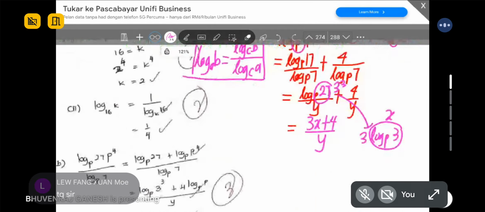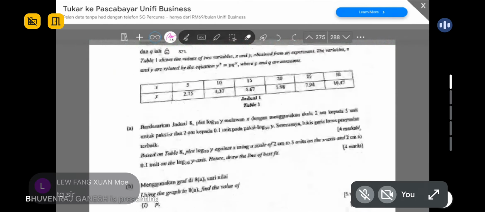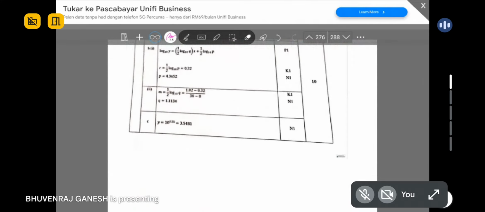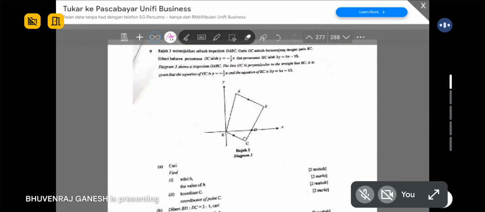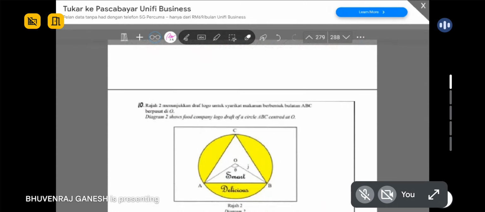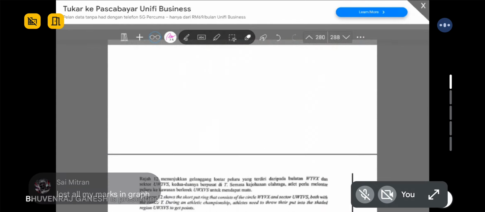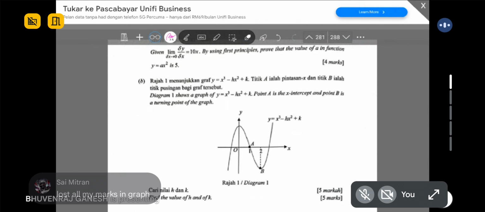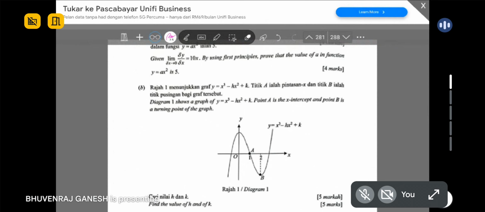So for section B, guys, 8 is linear law, no problem. Question 9 is coordinate geometry. Question 10 is circular measure. And 11 is differentiation. So which 3 questions do you guys want? Can you comment the number?